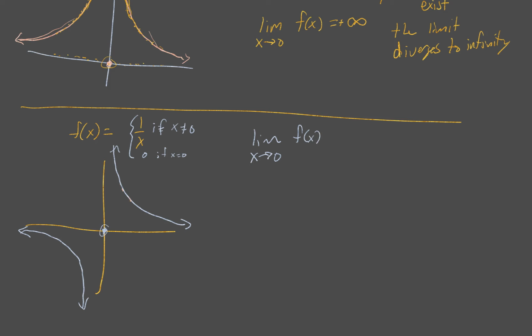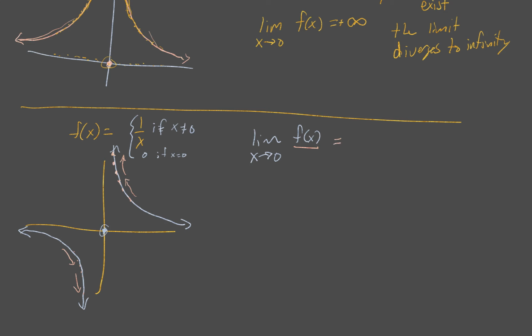So as these x values get close to 0, if I'm coming in from the right, these y values get bigger and bigger and bigger. The function values get large. If I come in from the left, and I get close to 0 with the x values, the y values get really, really big negative.